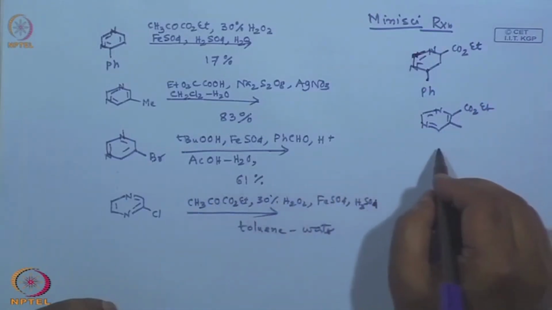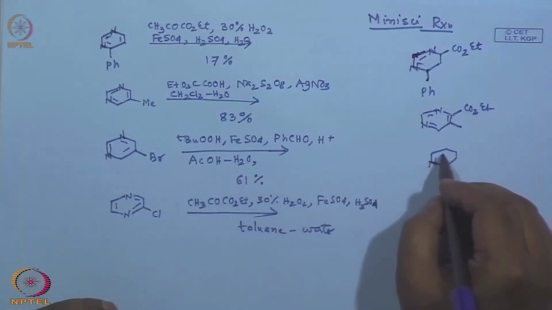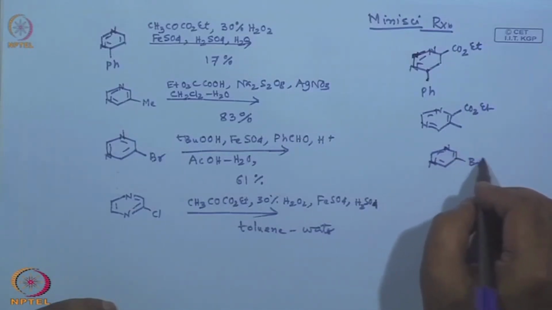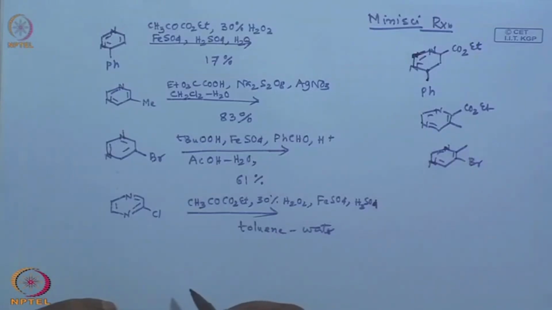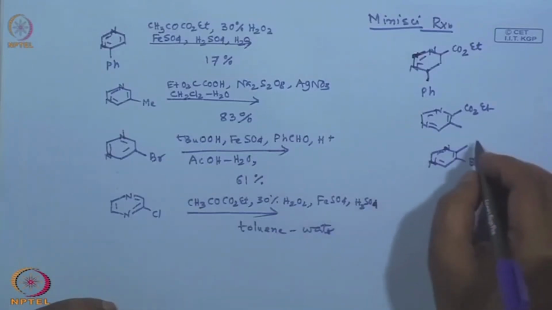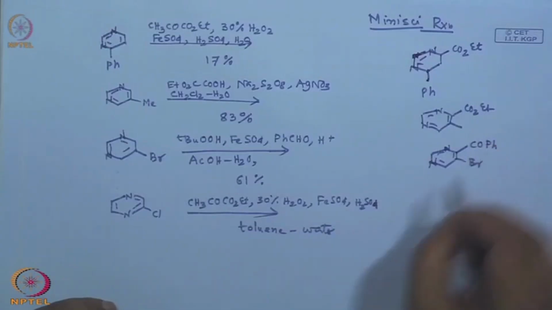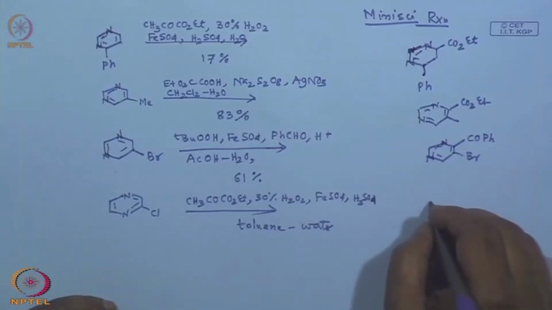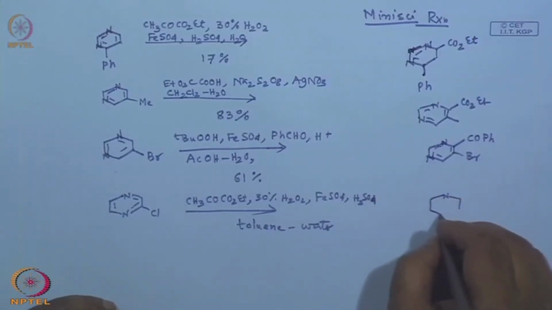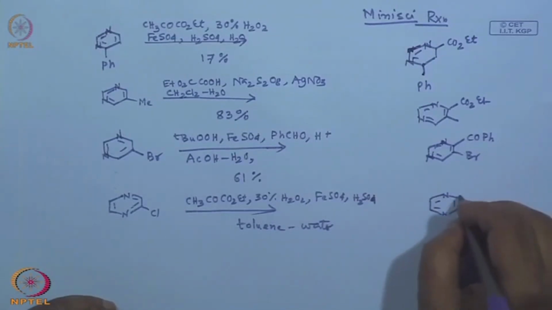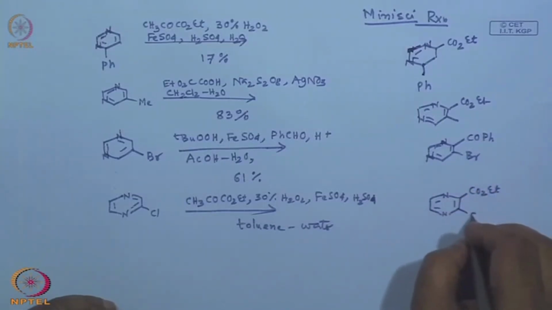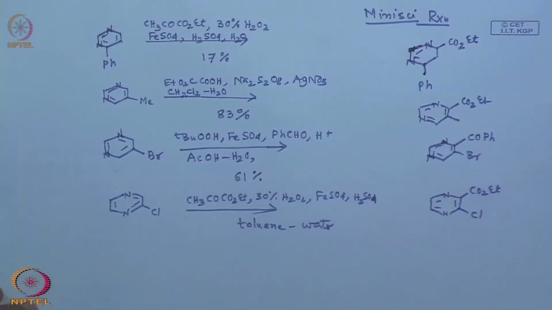In the next example, again a pyrimidine and the bromo, and in this case it is not the ester group, it is a COPh group, an acyl group. And the last one, all of you can guess, the product is again ester substituted. Okay. What is the chemistry?